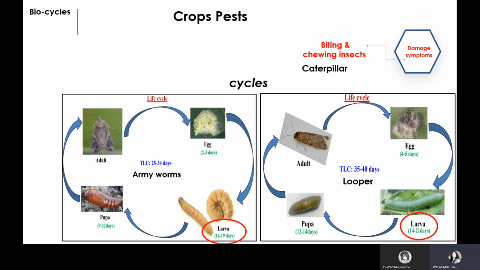Caterpillar biocycle is different from armyworms to looper.